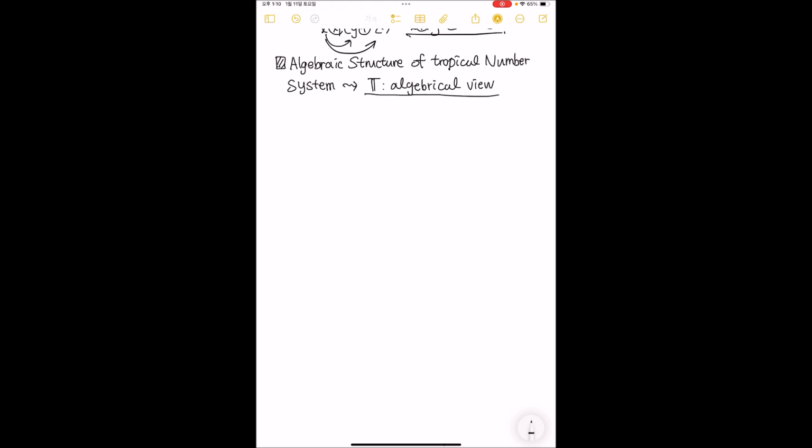As R is a field and the integers are a ring, what is the tropical number in an algebraic sense? In fact, we can see T as a field, that is a field structure.